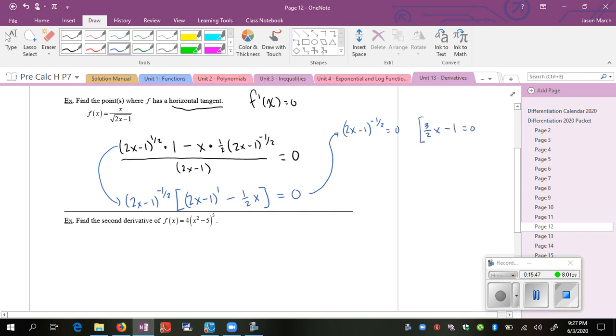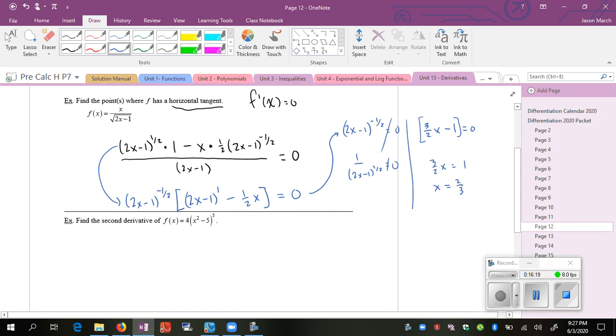That's the square brackets I have there, so maybe we'll leave them in there just so you can see where that came from. This can't happen, because it's 1 over 2x minus 1 to the half. That's not equaling 0 because the numerator is 1. So really it's a matter of this, and that's going to happen. So we have 3 halves x equals 1, multiplied by the reciprocal, so we get x equals 2/3.